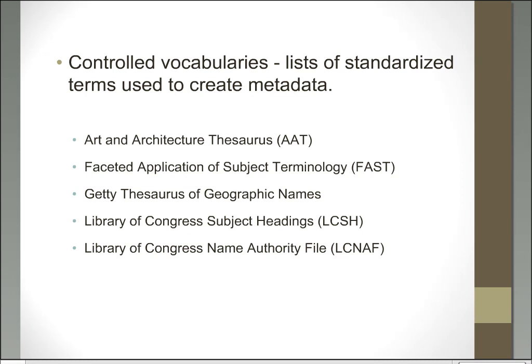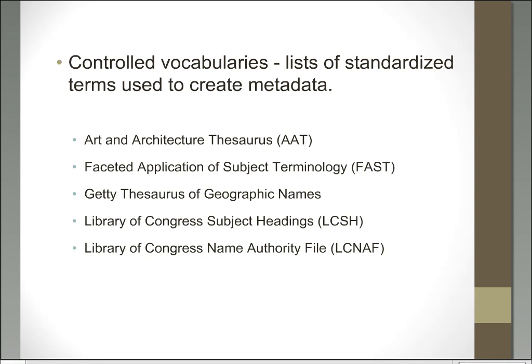Some examples you may be familiar with are the Art and Architecture Thesaurus, Faceted Application of Subject Terminology, which is adapted from Library of Congress Subject Headings. They're called FAST headings. Getty Thesaurus of Geographic Names, Library of Congress. These are all really good resources to use, and I've included links to them later on so you can take a look at some examples of that.